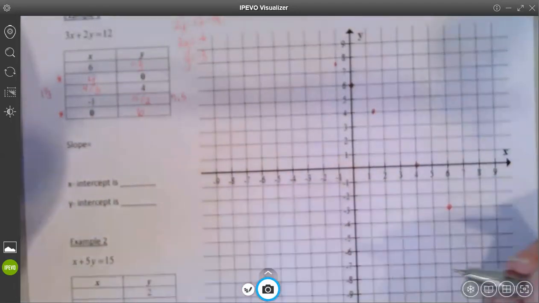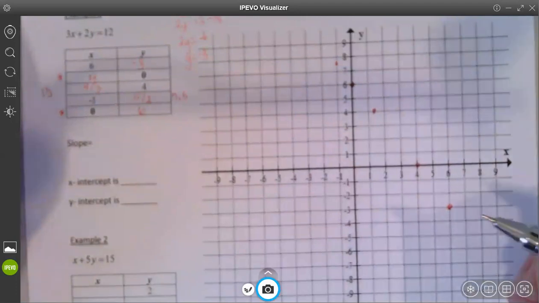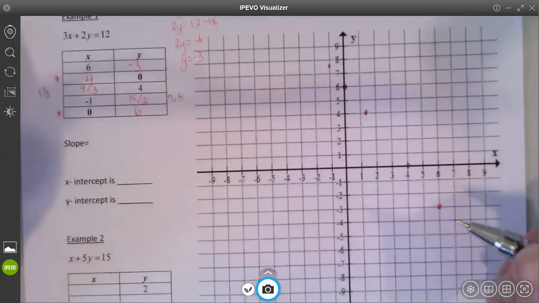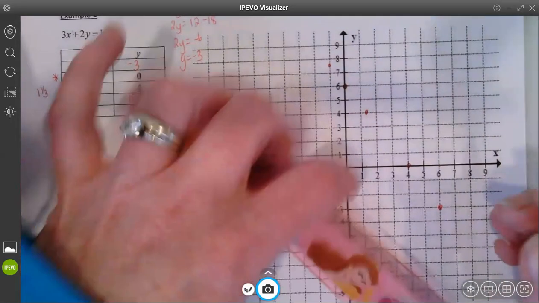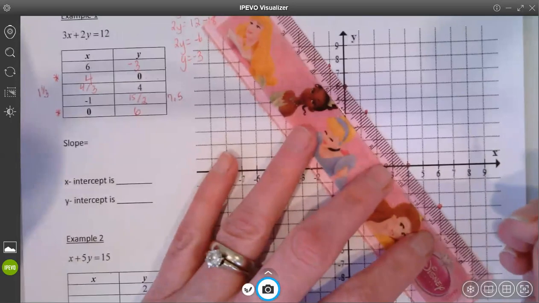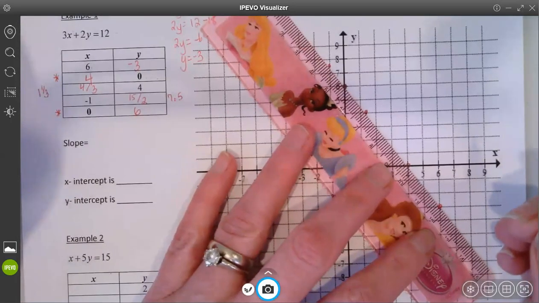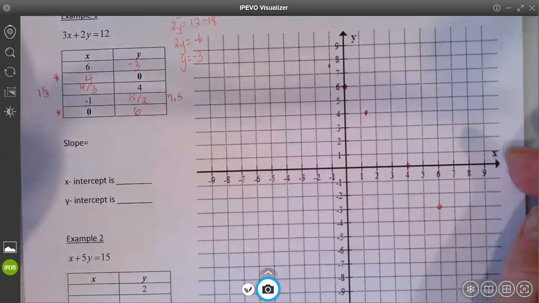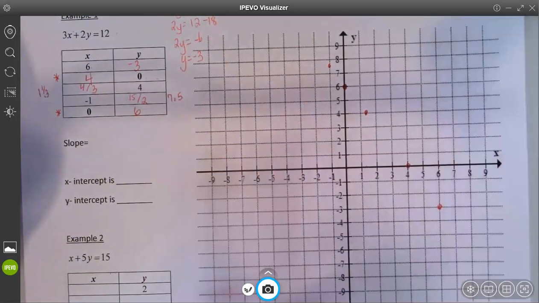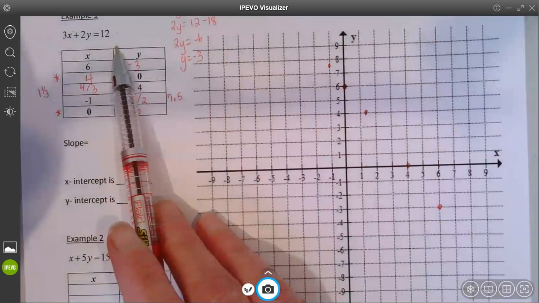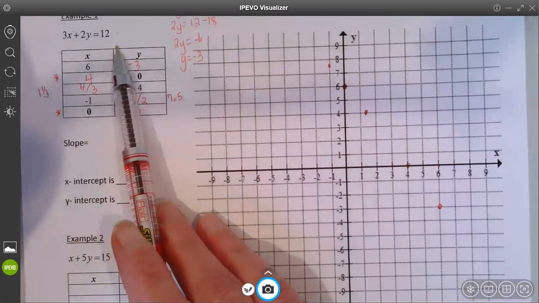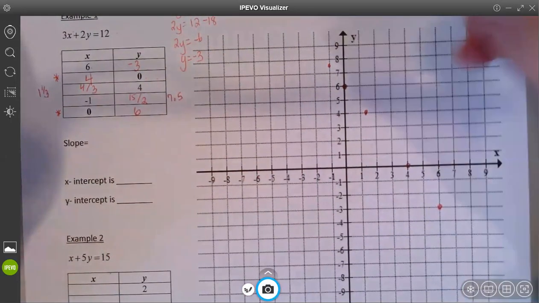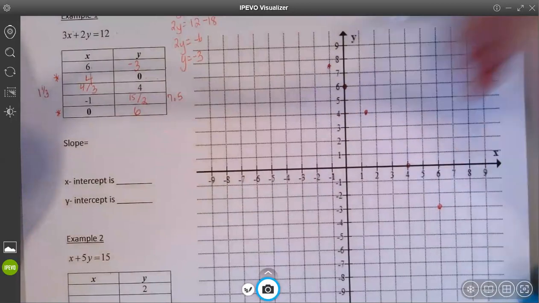So this is what we need to do. We need to get out a ruler, and I want to verify that my points line up to create a straight line. Okay. And there we go. They do line up to form a straight line. You need this to happen when you have a relation in two variables. For our purposes, the points are always going to line up to give us a straight line.